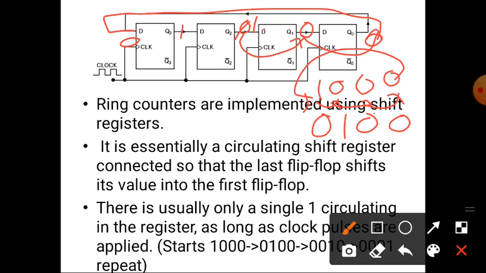So it is 0 1 0 0. On the next clock pulse, again this 0 will be shifted to this position, this 1 will be shifted to the next position, and the 0 will be shifted here. So 0 0 1 0. On the fourth clock pulse, what will happen?